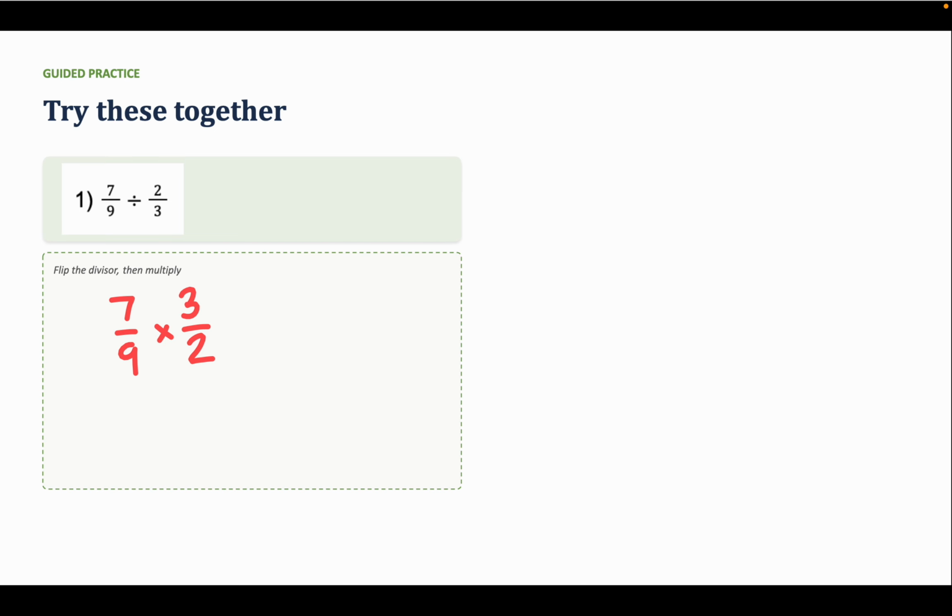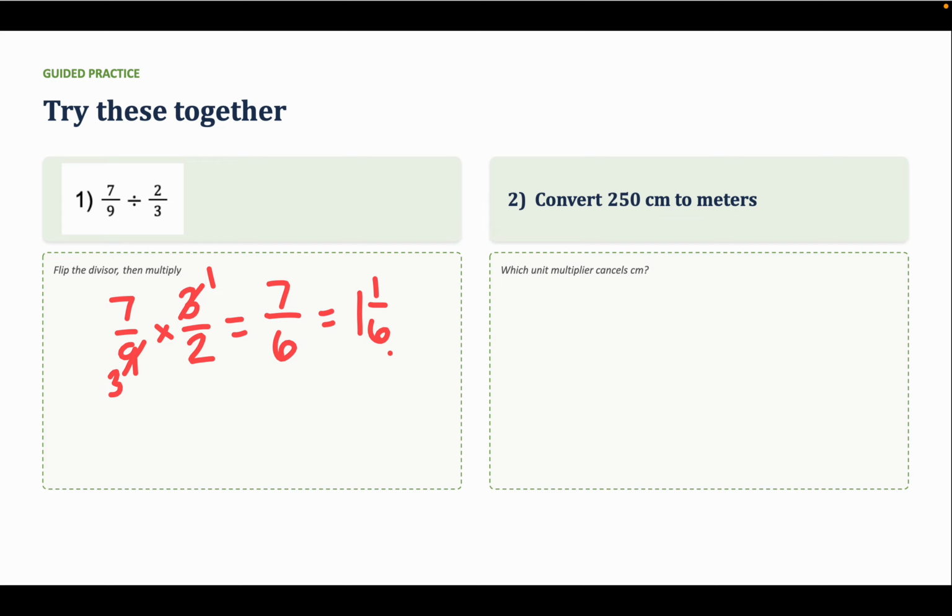We can factor out a 3 from here and here. There's no more factoring that we can do, so now we'll multiply 7 times 1 and 3 times 2. So we get 7/6. It's fine if you want to leave it in this form. You could also rename this to a mixed number, 1 and 1/6.